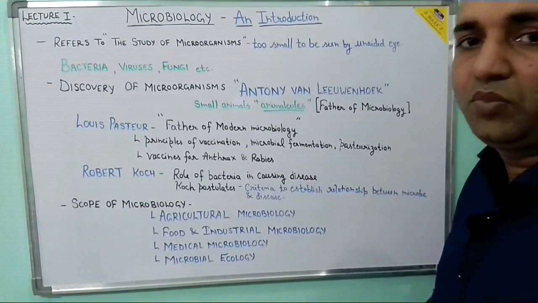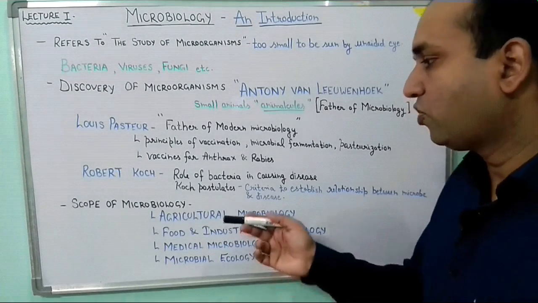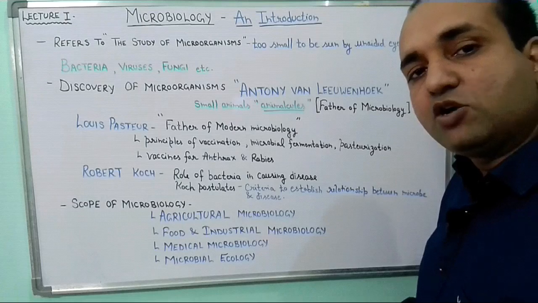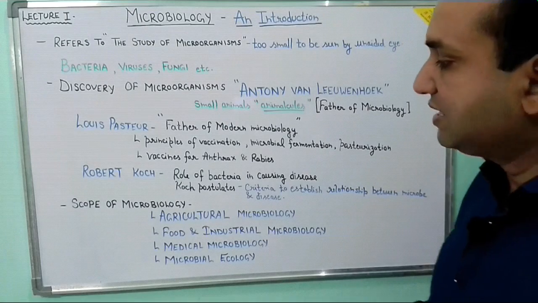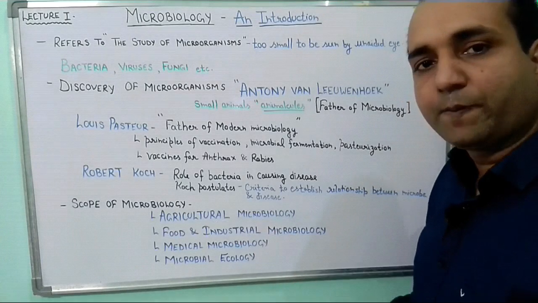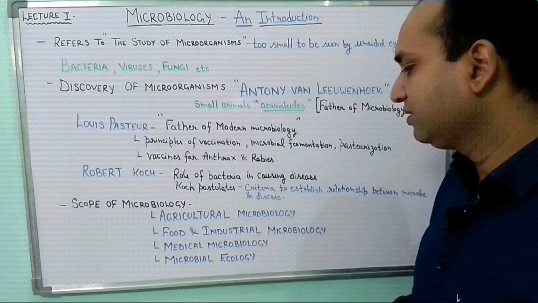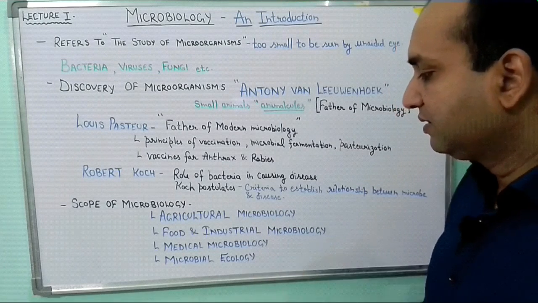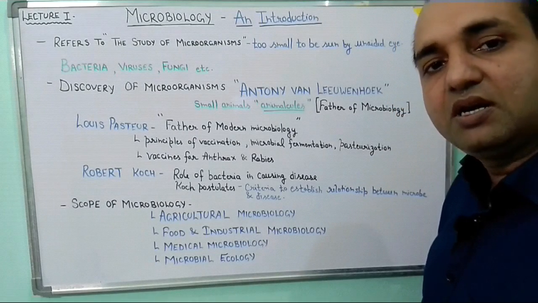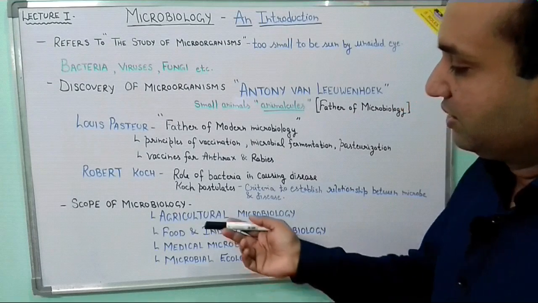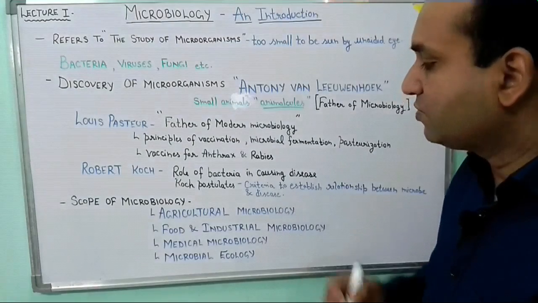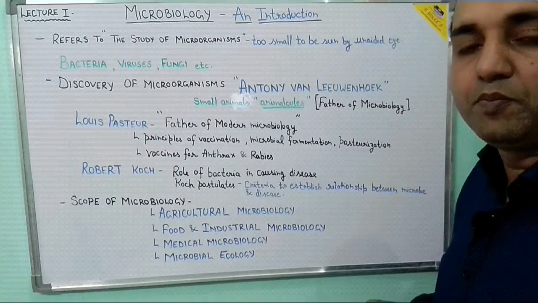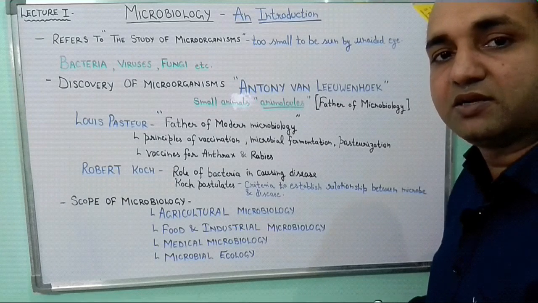Next comes the scope of microbiology. Now, microbiology has a wide scope, whether it is in the field of agriculture, food and industry, the medical industry, or the ecology or the environment. Now, in agriculture microbiology, we study the role of microorganisms in agriculture.